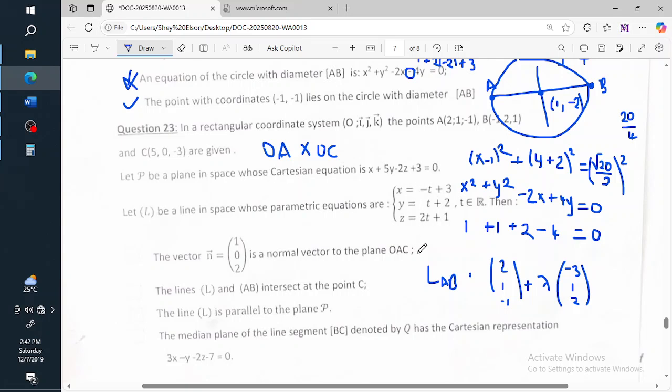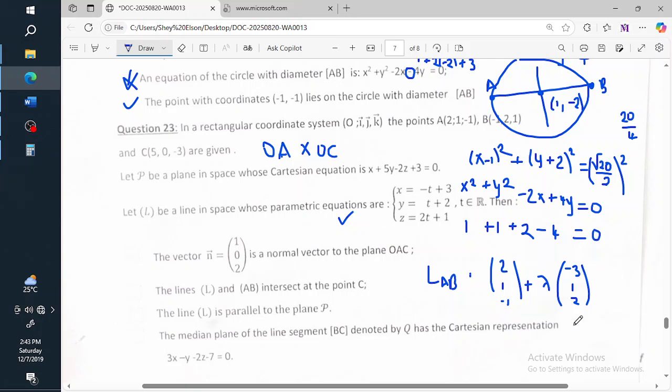If t is unique in all of them, then there's a point of intersection. Like if I equate -t plus 3 to 5, I'll find t. Equate t plus 2 to 0, I'll find t. Equate 2t plus 1 to -3, find t. If all the values of t are the same, then it's possible.